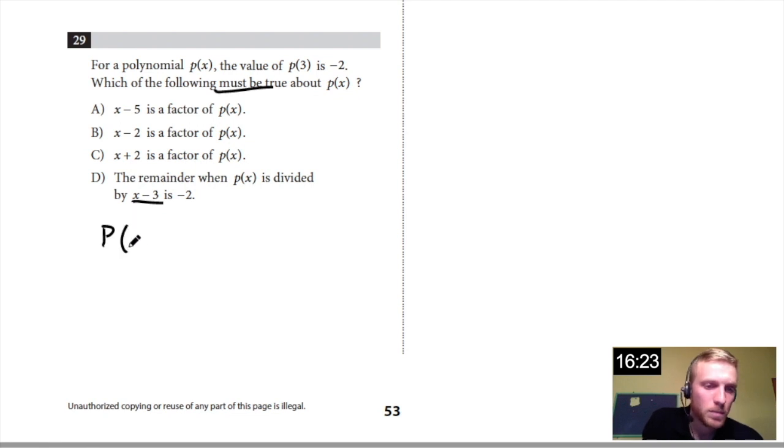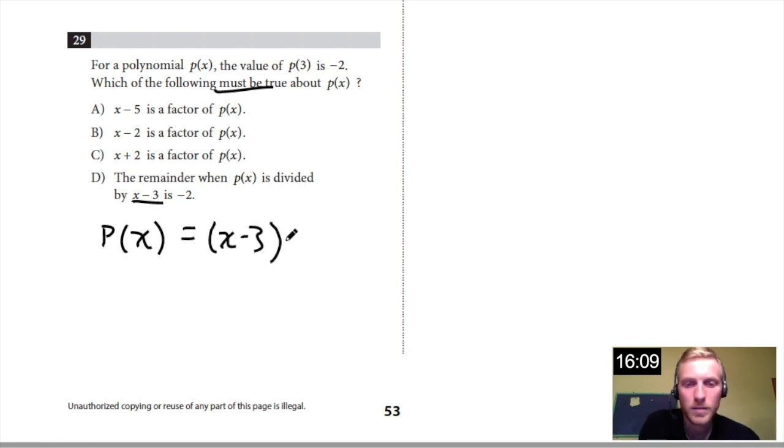So let's say p of x is equal to x minus 3 times, I'm going to use the variable a. So x minus 3 times a. A could be a polynomial, or I believe it could be a constant as well, depending on the original value of our polynomial p of x, and then plus our remainder.